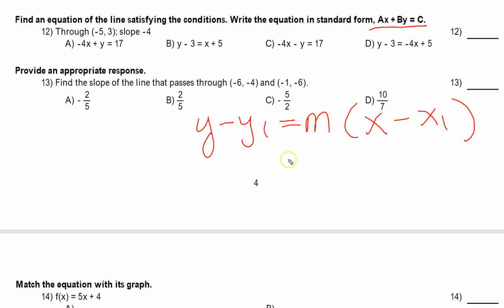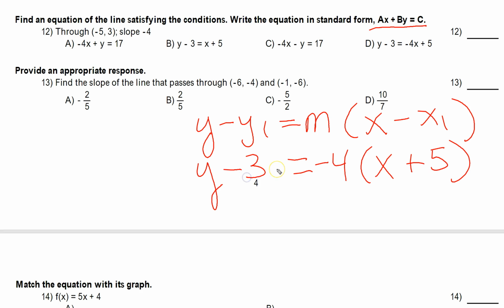And our slope is a negative 4. Our x is a negative 5, so the opposite of a negative 5 makes it a positive 5. And our y is 3, so y minus 3.